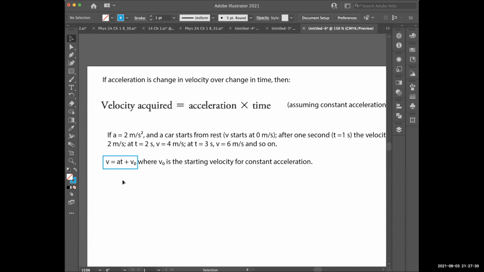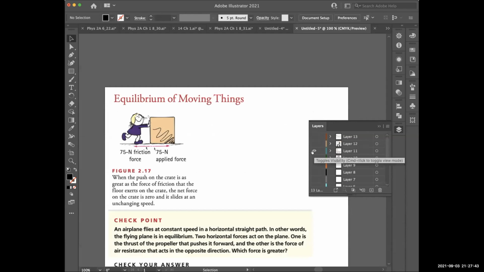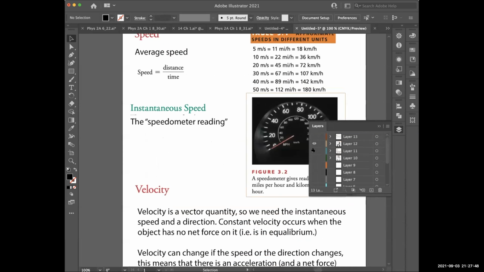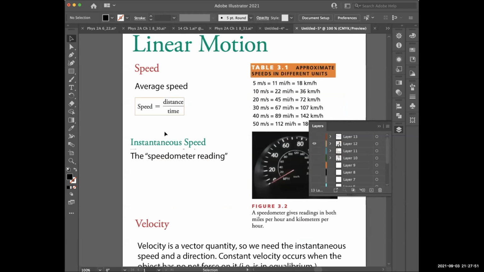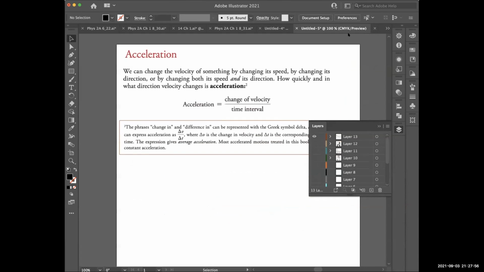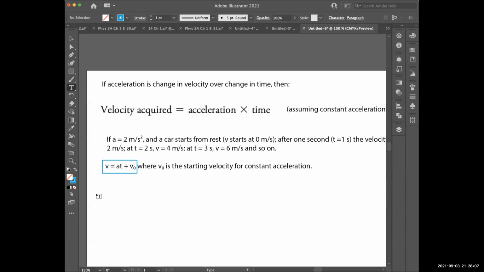So first, let's figure out what velocity is in the first place. So what's velocity? Speed? Yeah. But going back a couple of things, let me put it explicitly here. I'm glad you asked, Timothy. Go ahead, Addie. A vector quantity of instantaneous speed and direction.